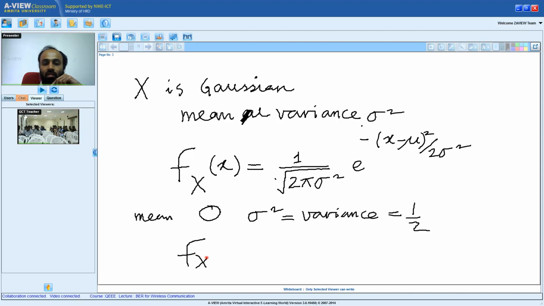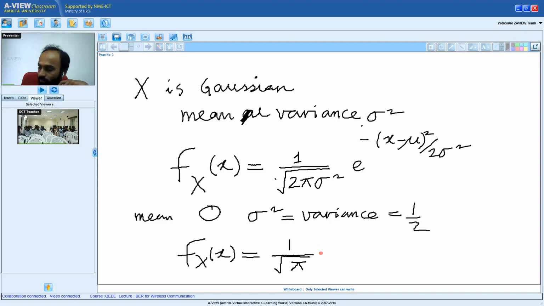If mean equals 0 and variance equals half, what is the distribution? Government College of Technology, Coimbatore, can you tell me?